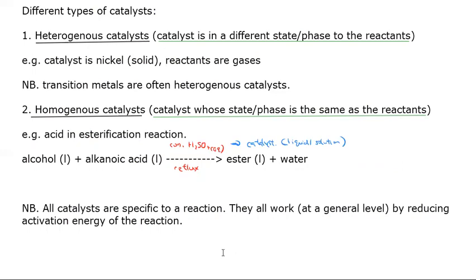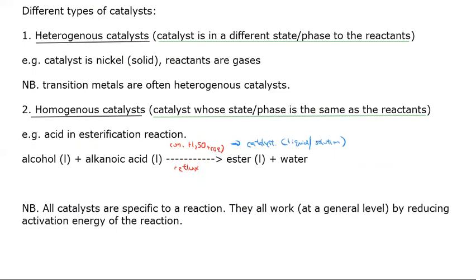Now, sometimes you'll hear these referred to as type 1 and type 2. In the IB course, they should be referring to that as homogeneous and heterogeneous catalysts. Now, both of these work to reduce their activation energy. We won't go into this in too much detail, but we will go into it in a little bit of detail.